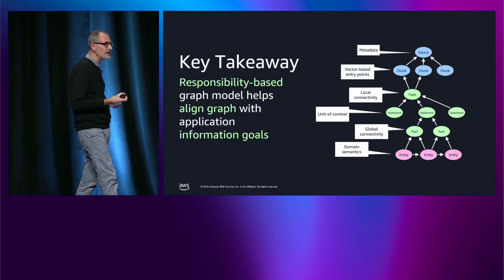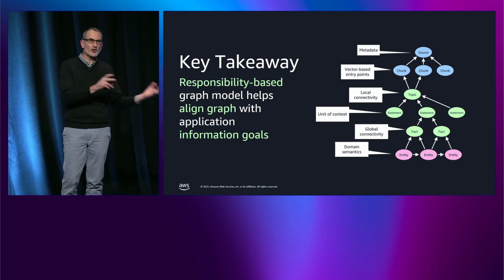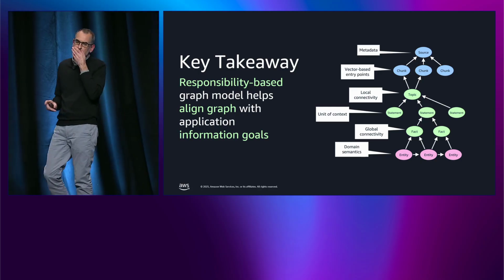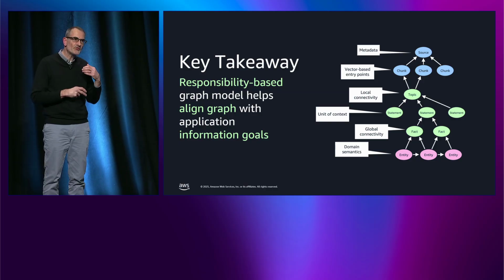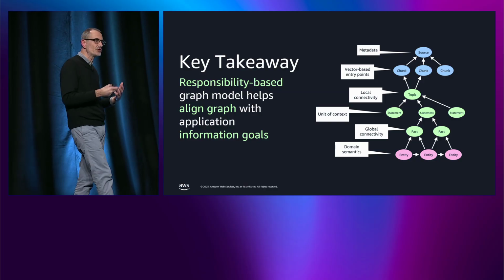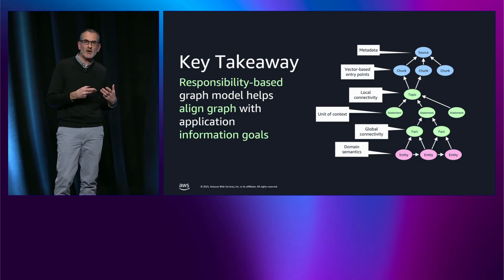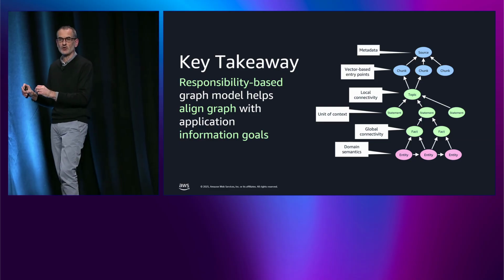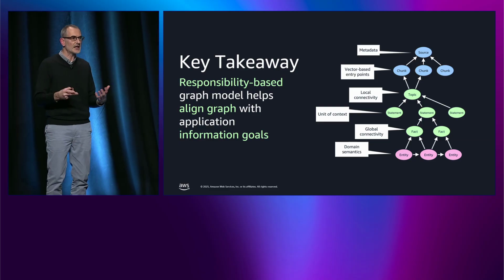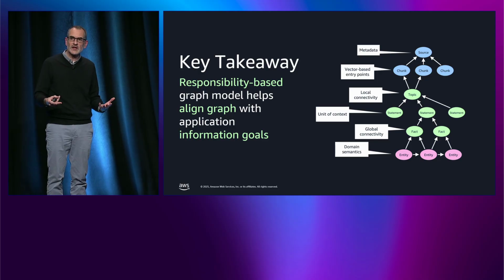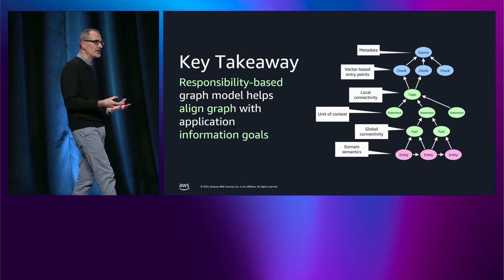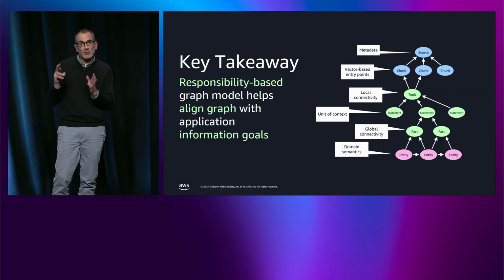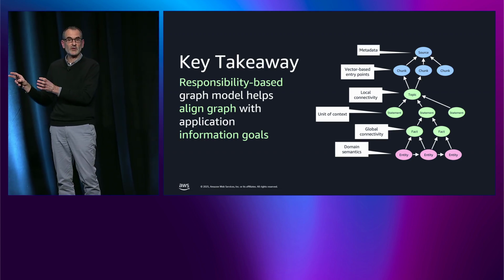So one of the key takeaways here, and this applies whether or not you're using the Graph RAG toolkit, whether or not you're actually doing Graph RAG, is that this responsibility-based approach to graph modeling, I think, is a very powerful complement to the traditional representation-based approach that we have. So normally we think of a graph data model as representing the things in our domain that we're interested in. But I'd suggest that there's a kind of complementary way of thinking about certain types of node.